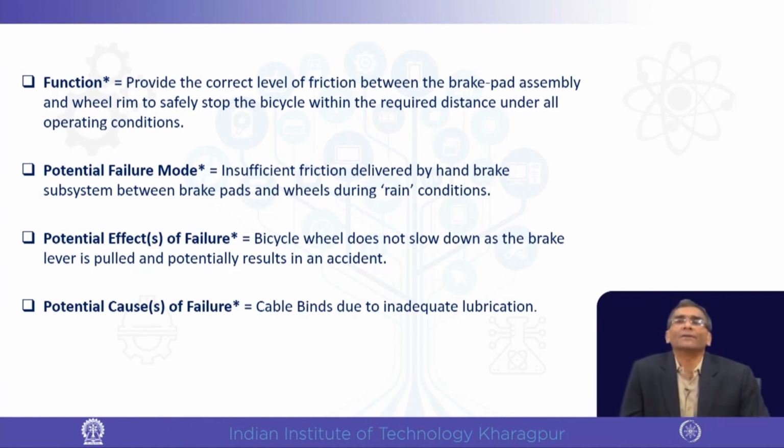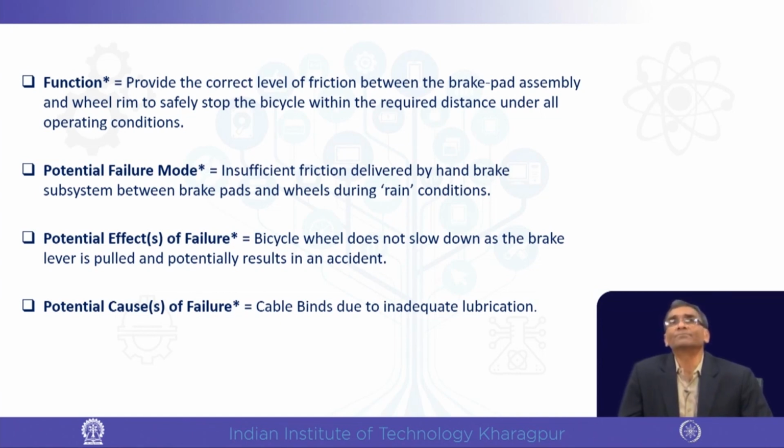Now, the function, as we said that we will discuss, that provide the correct level of friction between the brake pad assembly and wheel in this particular example case. So, I am explaining, because in the literature, in the books you will find the generic explanation, but I thought that I would explain each and everything with an example, so that it goes to your mind very well.